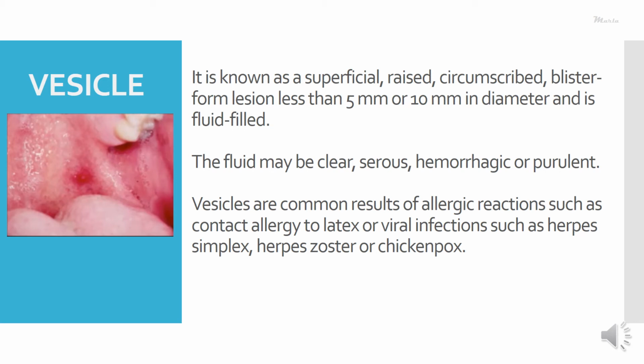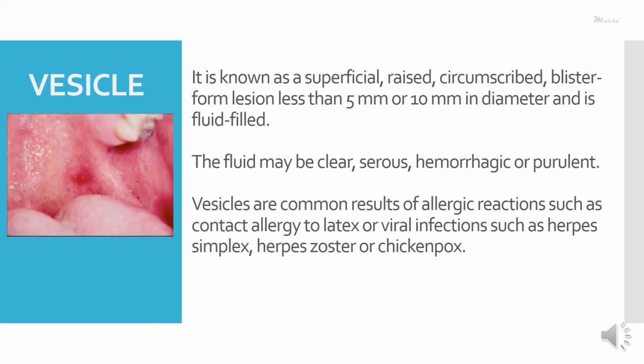Such vesicles are commonly seen in allergic reactions such as allergy to latex. Vesicles are also a common presentation of various viral infections of the oral cavity, most commonly herpetic viral infections or herpes simplex viral infection.